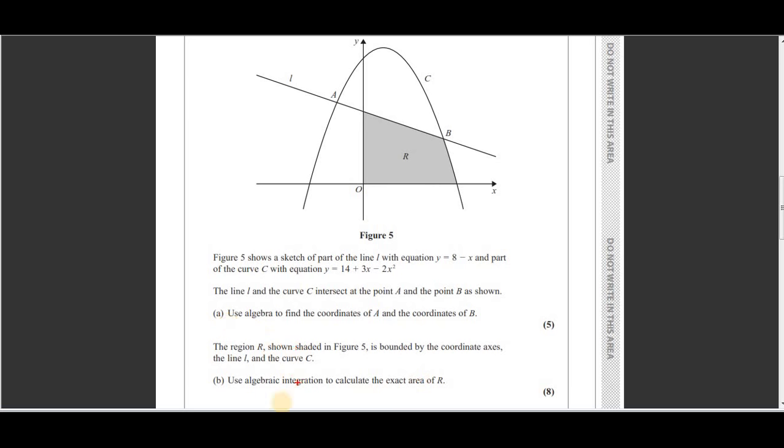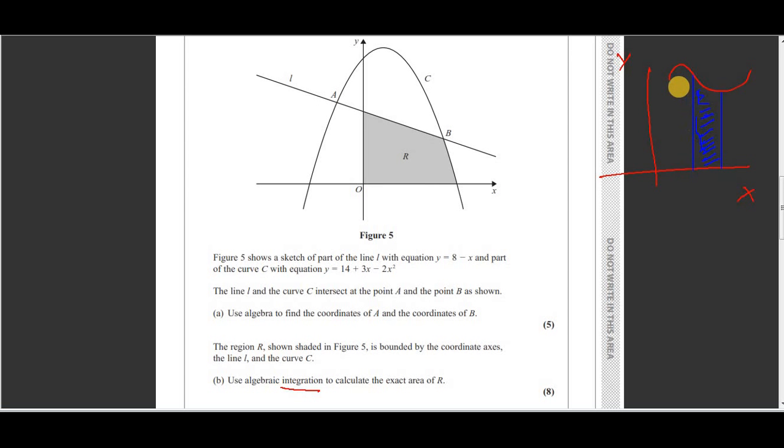Okay, using integration to find the area, the idea behind it is this: if you have any curve, this is the x-axis, this is the y-axis, and you have a curve of any shape something like this, and you need to find the area under the curve between two vertical lines, above the x-axis.